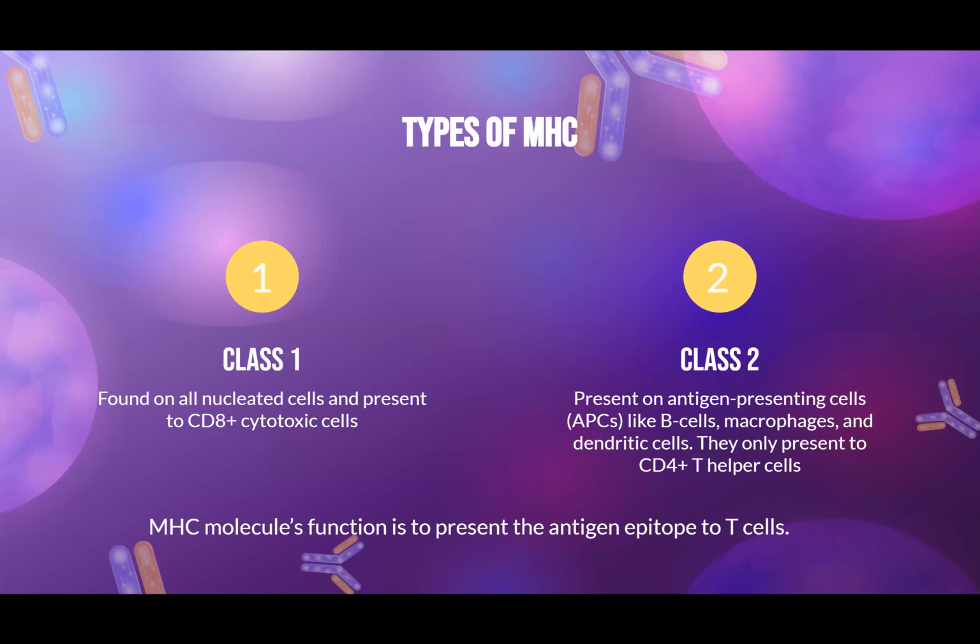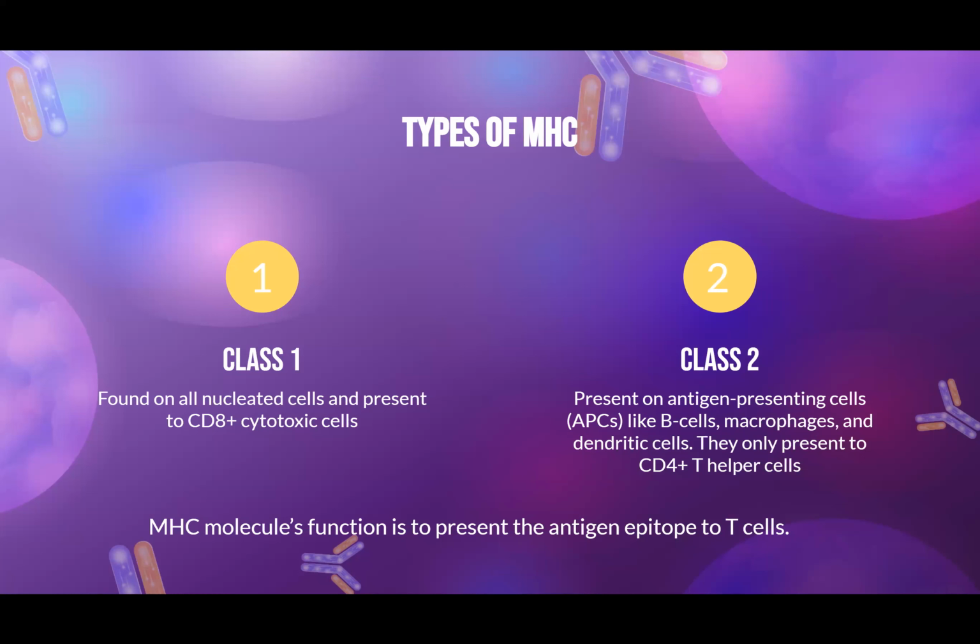So types of MHC. There's class 1 and class 2. Class 1 can be found in all nucleated cells and present to CD8 cytotoxic cells. Class 2, meanwhile, are present on antigen-presenting cells, or APCs, like B cells, macrophages, and dendritic cells, and they only present to CD4 T helper cells.